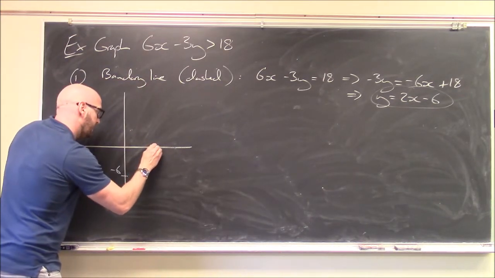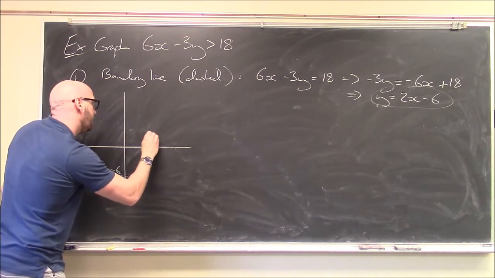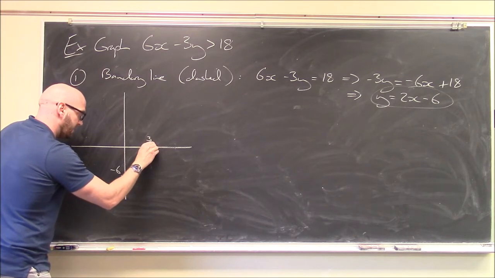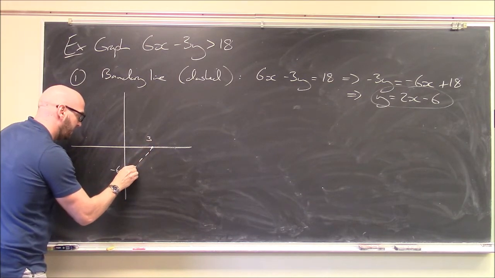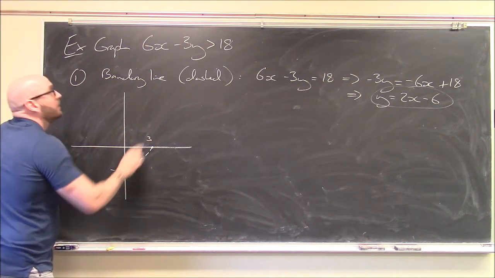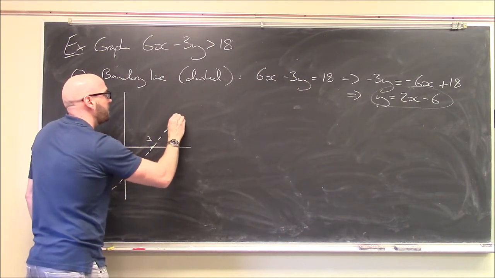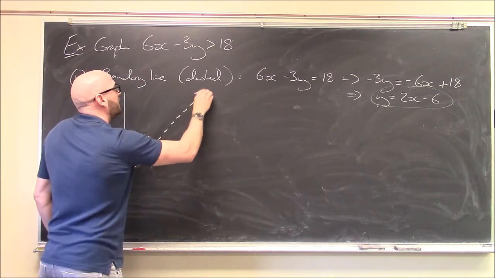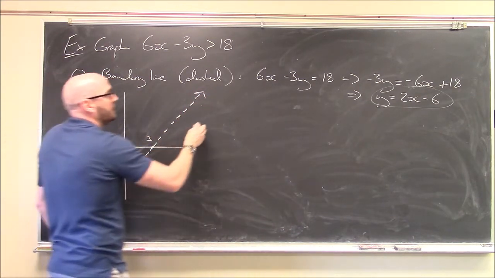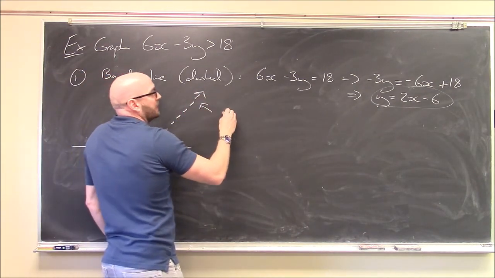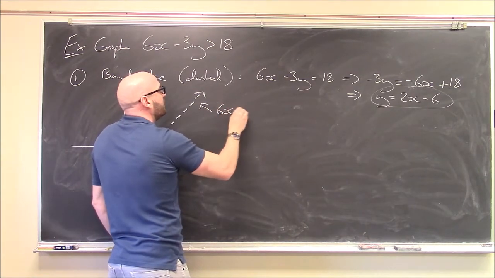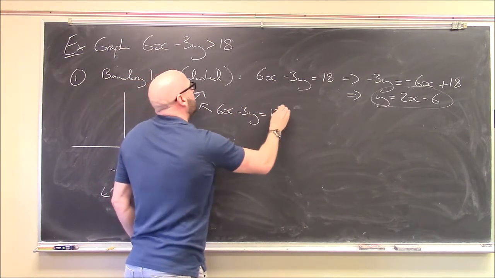So minus 6 and 3, somewhere around there. This is our boundary line, and I'm going to dash it because we have a strict inequality. So there's my boundary line, 6x minus 3y equals 18.